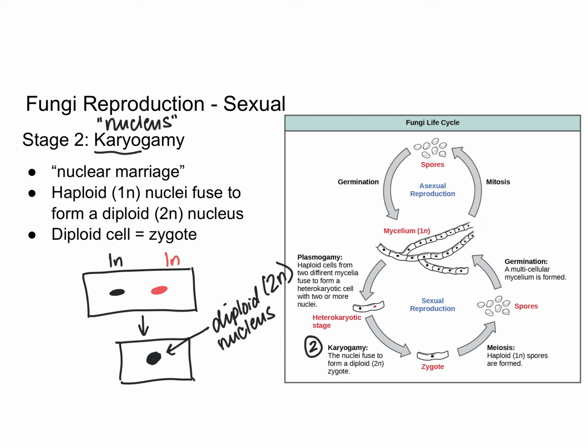And remember that these nuclei are membrane bound because fungi are eukaryotes. So it's the nuclear membranes that are actually merging together, bringing the genetic material inside the nucleus together with the genetic material inside the other nucleus. And this resulting cell that forms with this diploid nucleus is known as a zygote.